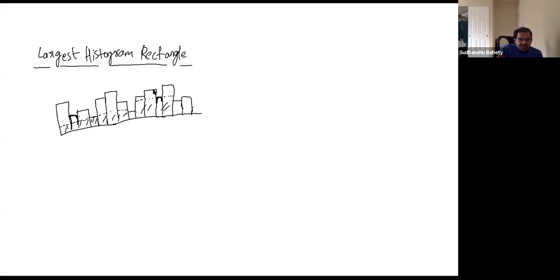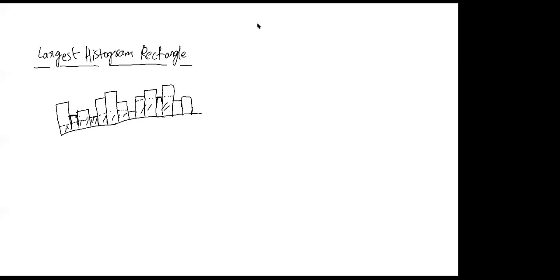So essentially for each histogram, what are we trying to compute? Till when can I go to the left, and till when can I go to the right? Can someone answer? Someone says: till the values are greater than the middle one. Yes.